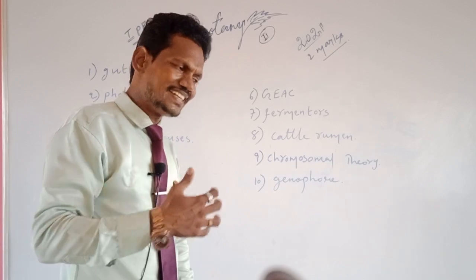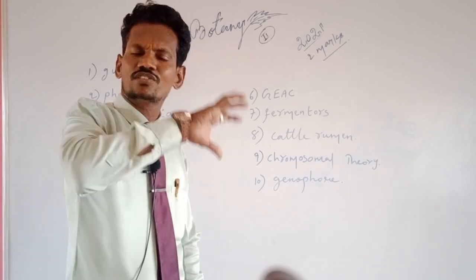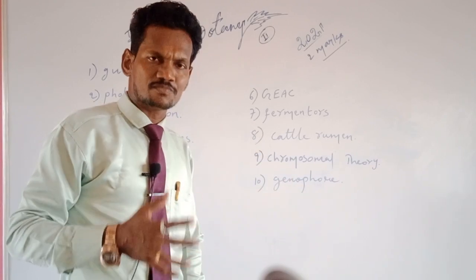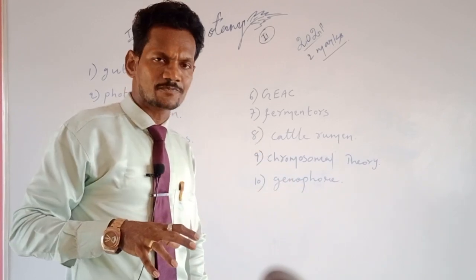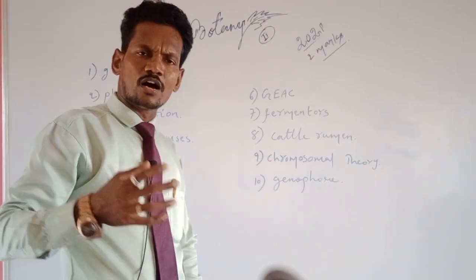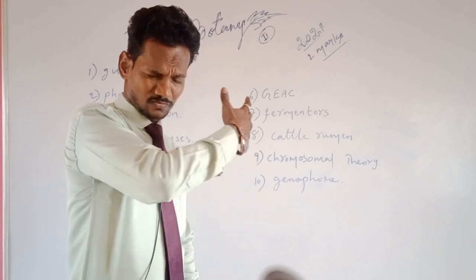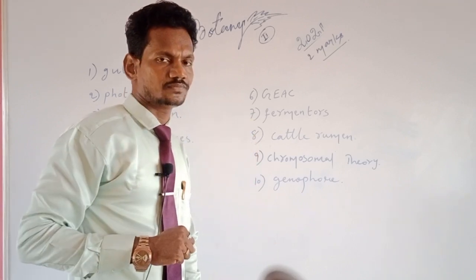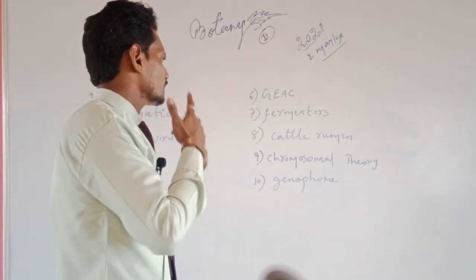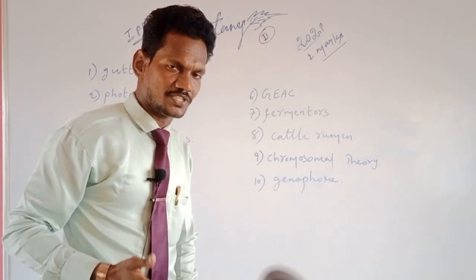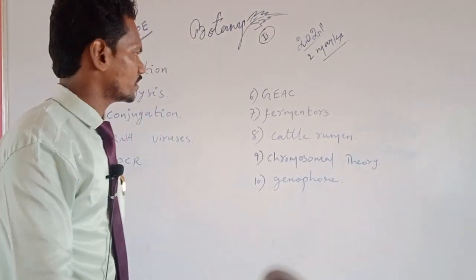All types of DNA technology related experiments in botany and zoology are under the guidelines, control and approval of this GEAC worldwide, because that is the Genetic Engineering Approval Committee. That is the answer for that question.